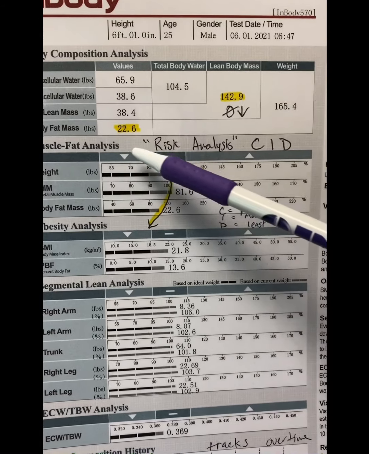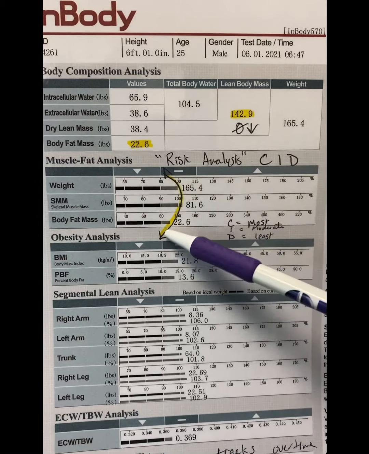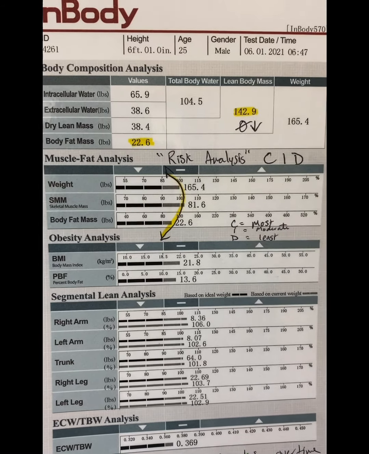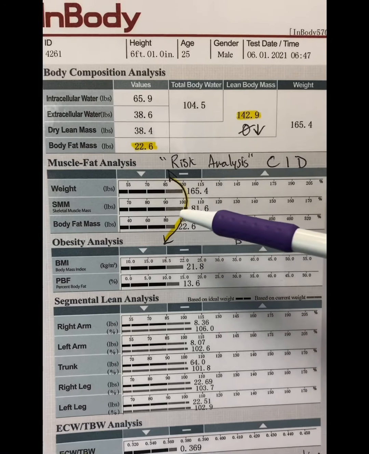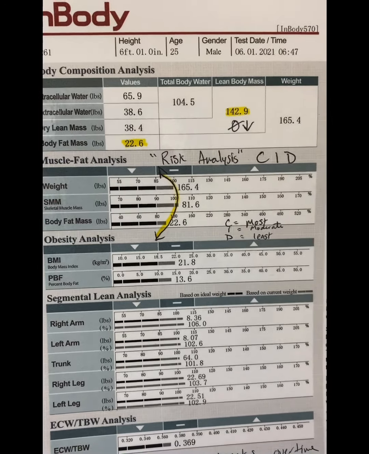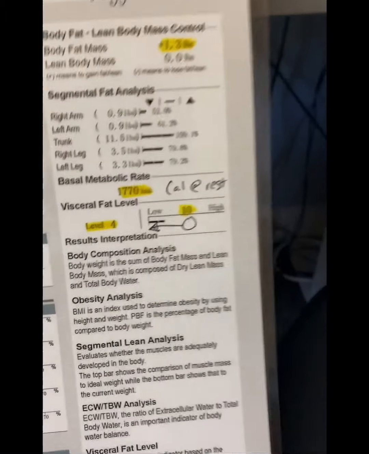This person's trend line resembles the letter D, and they have the least risk of having health issues or musculoskeletal problems in the future if they keep this activity up, okay?